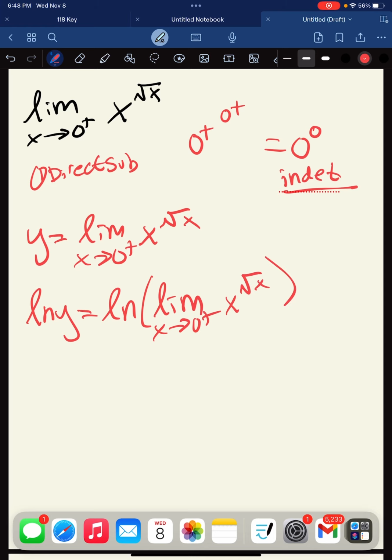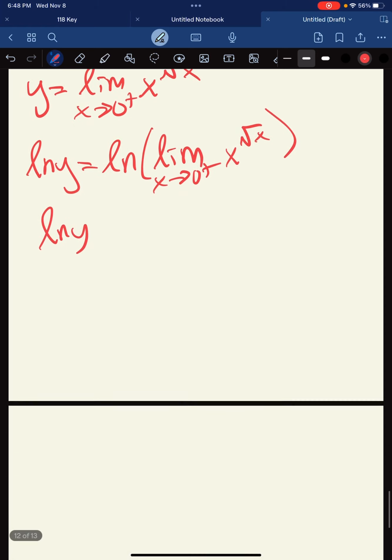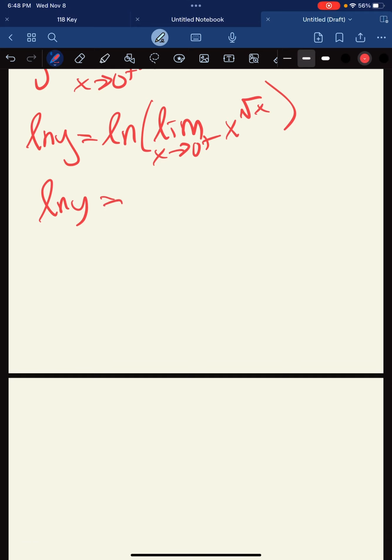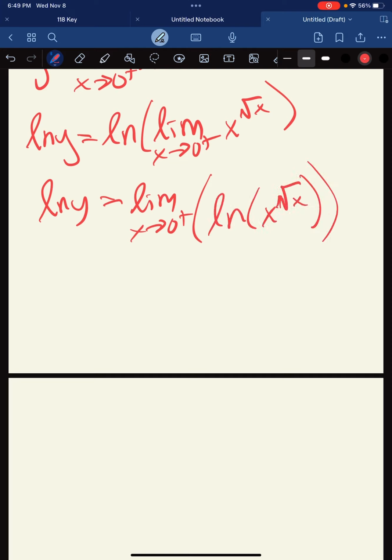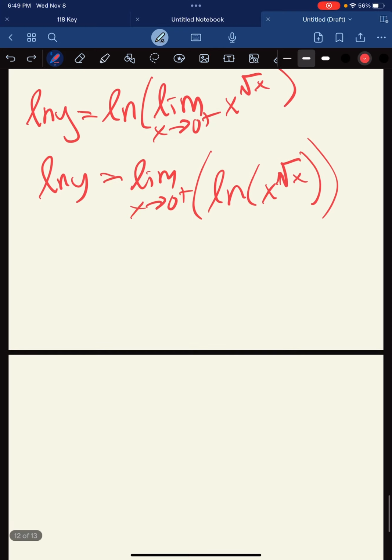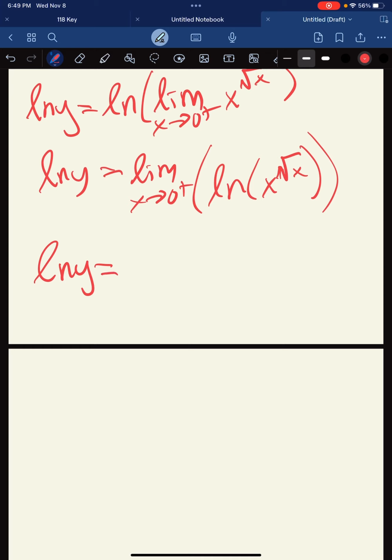And the cool thing is, due to the unique properties of limits, the ln can actually move inside of the limit and directly go with this x term. So then that actually lets us do some really cool stuff.